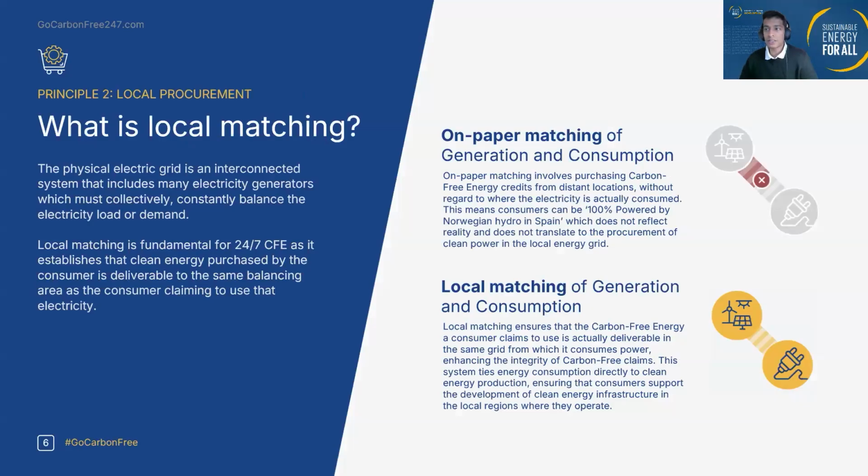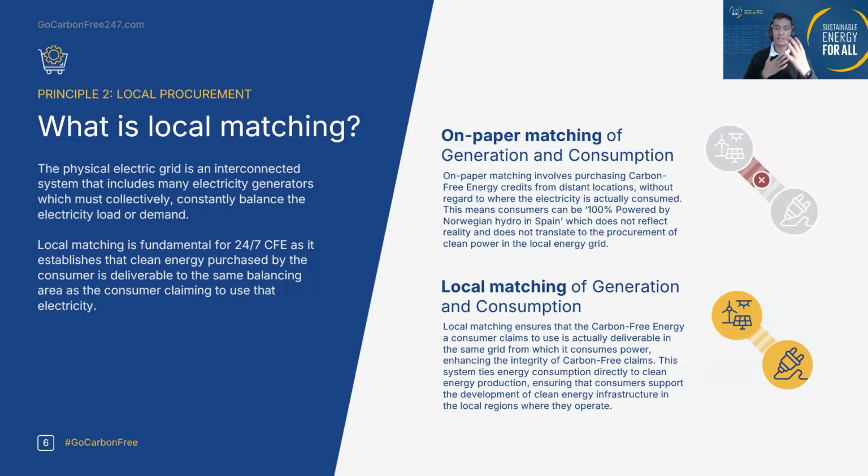The second one is local matching, or location-based matching. Another aspect within the grid systems of the future is trying to account for how transmission systems flow and operate. A lot of claims about procuring carbon-free energy can be based on on-paper matching, where there's actually no viable transfer of electrons across the regions against which the claims have been made.